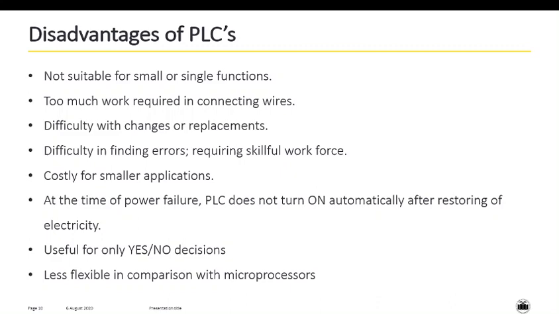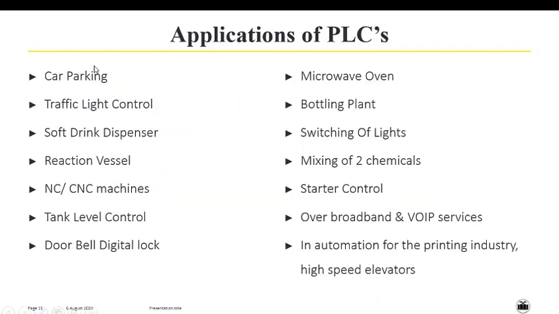Now we will see some applications of the PLC. PLCs are used in car parking systems, traffic light control systems, soft drink dispensers, reaction vessels, NC or CNC machines, tank level control, doorbell digital lock systems, microwave ovens, bottling plants, switching off lights, mixing of two chemicals, starter control, broadband and VoIP services, automation for the painting industry, high speed elevators, space technology, and satellite launching.